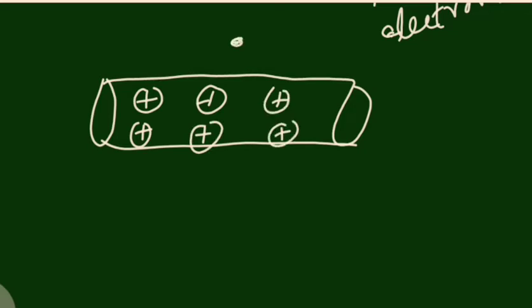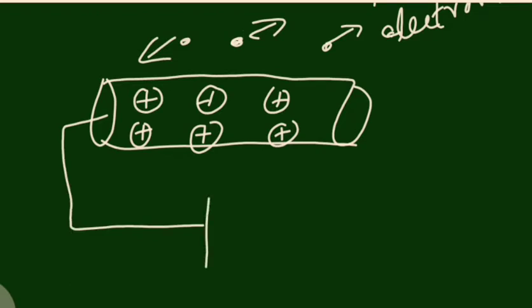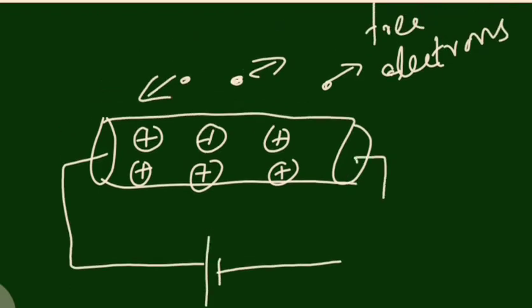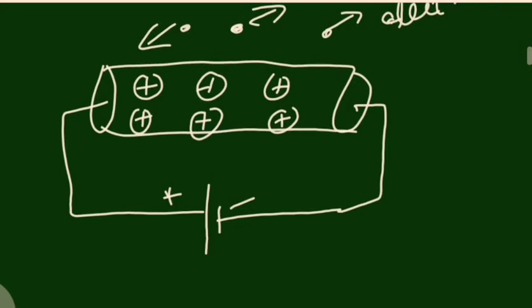I'll show the electrons later, and the electrons were in random movement inside the conductor. Now I am going to give a cell connection. That is, the positive of the cell is connected to one end and the negative is connected to the other end. Before the cell connection is given, the electrons were in random movement.